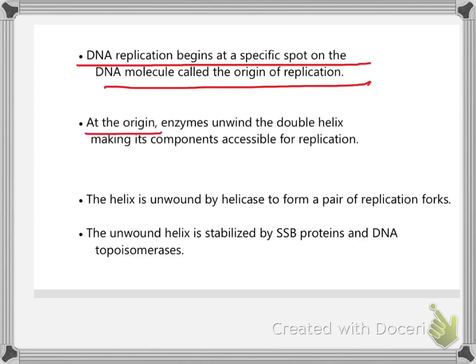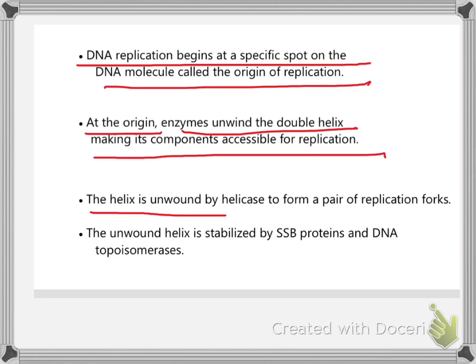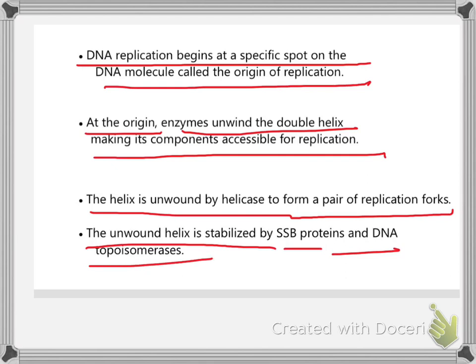At the origin, enzymes unwind the double helix, making its components accessible for replication. So the helix is unwound by the helicase enzyme to form a pair of replication forks. And the unwound helix is stabilized by SSB protein and DNA topoisomerases.